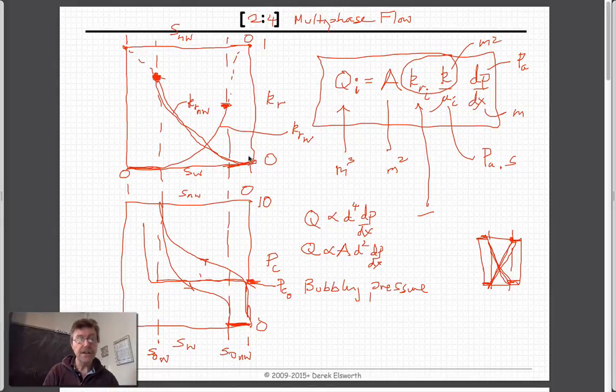And I didn't draw it on here, but the other curve you could put on would be this ensemble curve, which is the relative permeability of the non-wetting plus the relative permeability of the wetting. And it's different than the saturation of the non-wetting plus the saturation of the wetting, because we've always said that this has to equal 1.